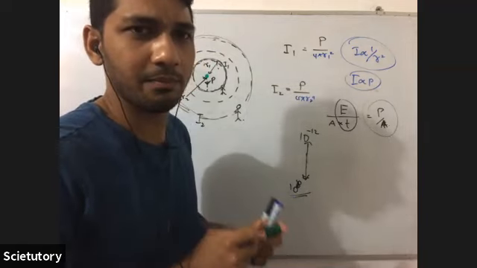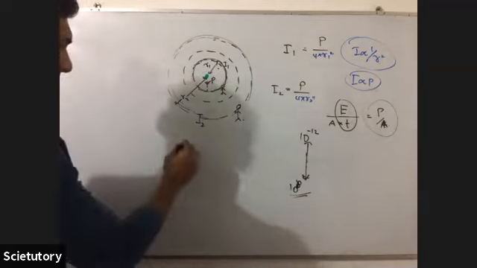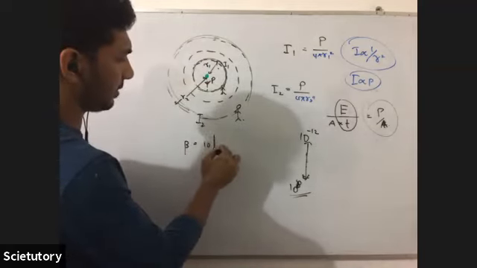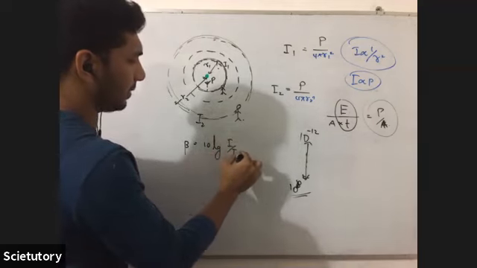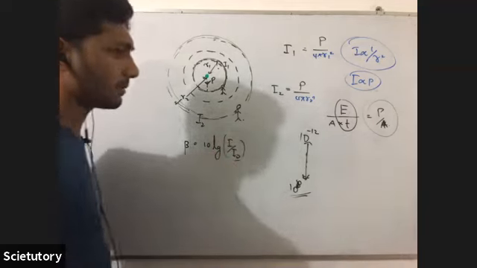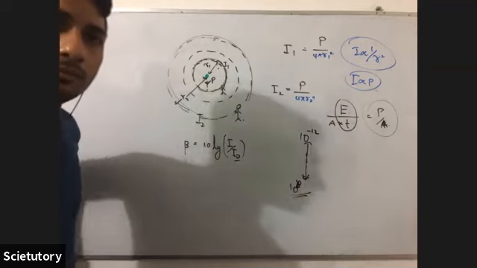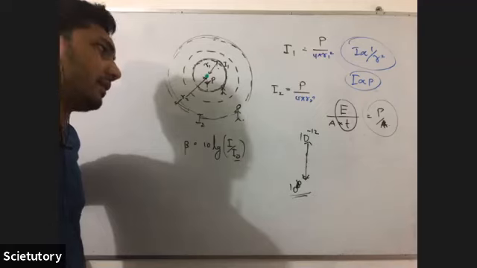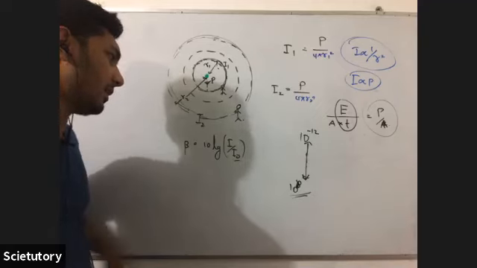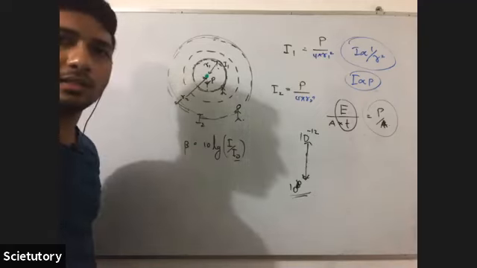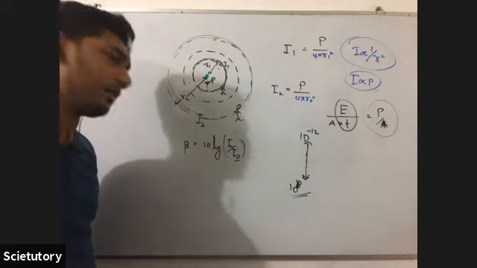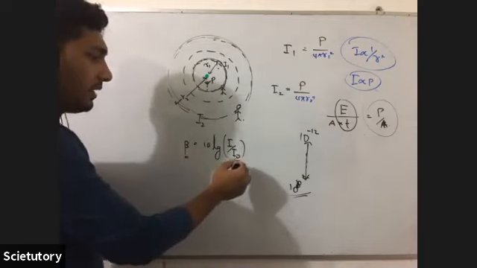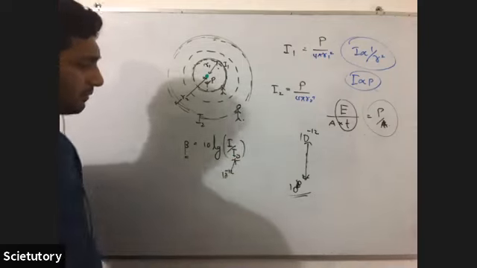What's that? Intensity level beta is 10 log I over I naught. What is this I naught? Threshold level, the threshold level for your hearing. This I is the given intensity of the sound, this beta is the intensity level, and this I naught is always 10 to the power of minus 12.